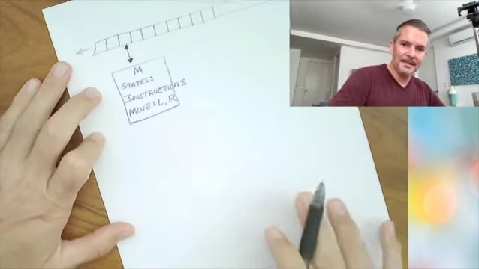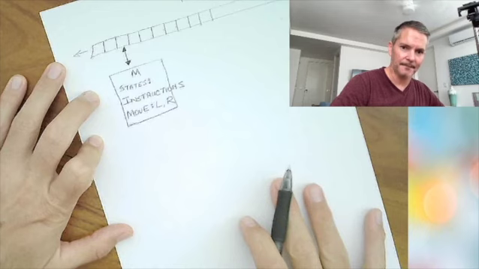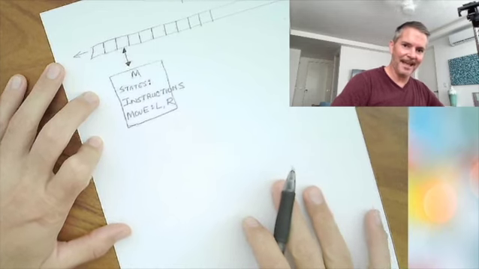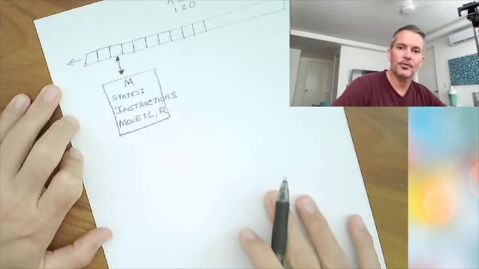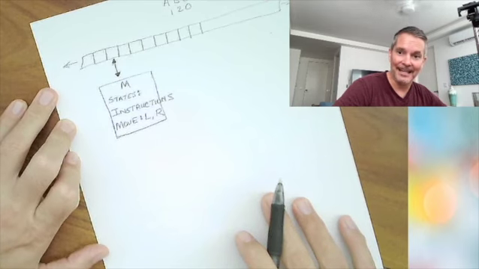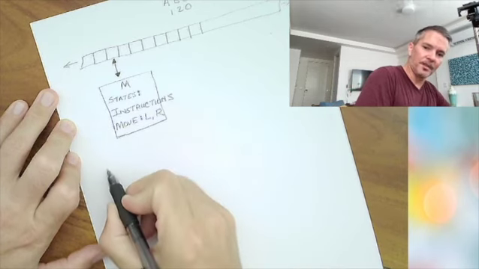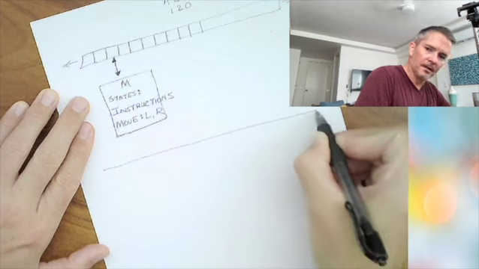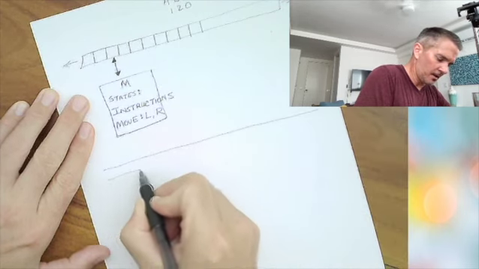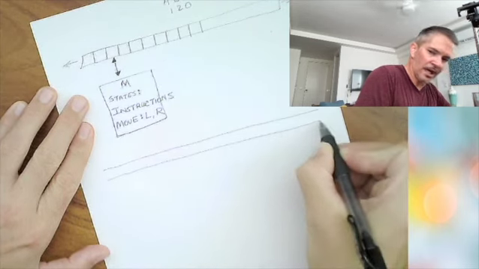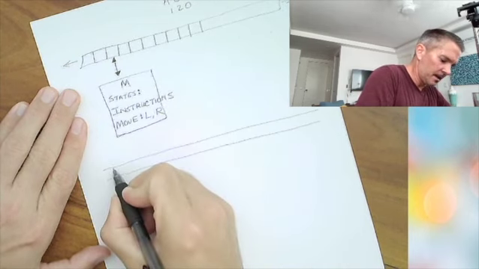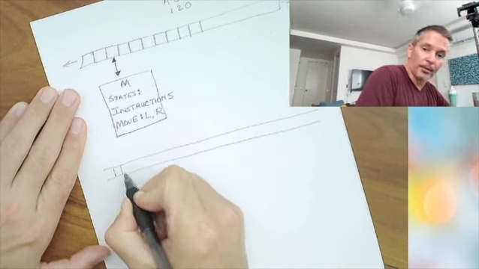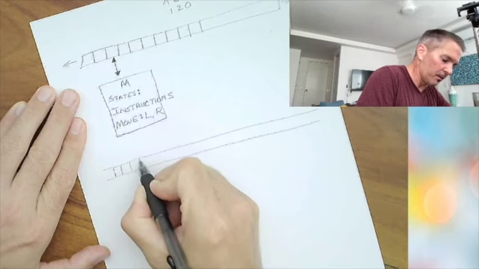So let's imagine for a minute that we want to add together two numbers, okay? And I'm going to do something really, really simple. Here's our tape. The way we're going to set the machine up is we're going to indicate a number on the tape in the following way.